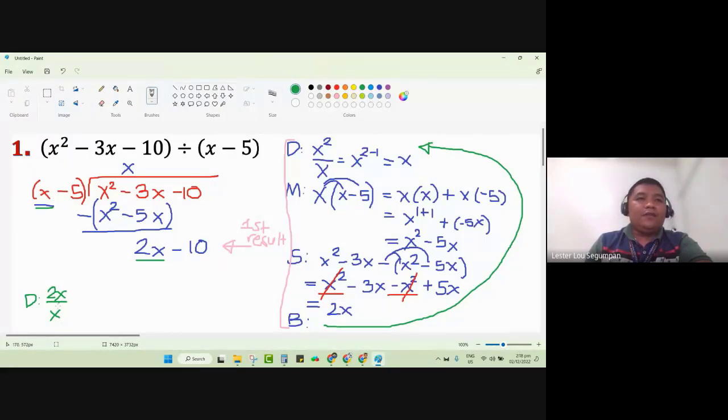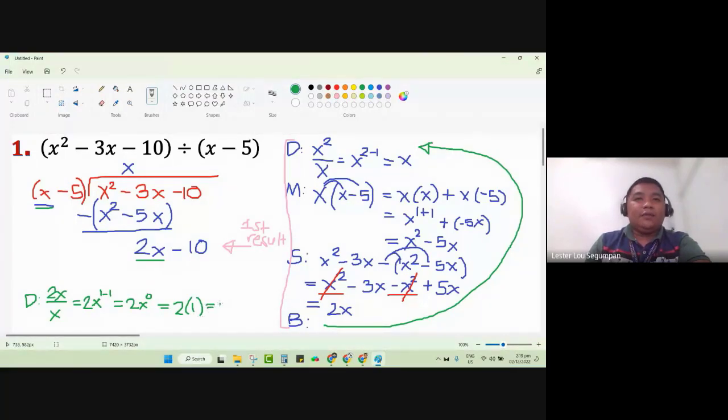And since you have the same x, what you can do is use the cancellation law, or you could stick to our laws of exponents. 2x to the power of 1 minus 1, which is 2x to the power of 0, which will give you 2, and any expression with exponent 0 is just equal to 1.